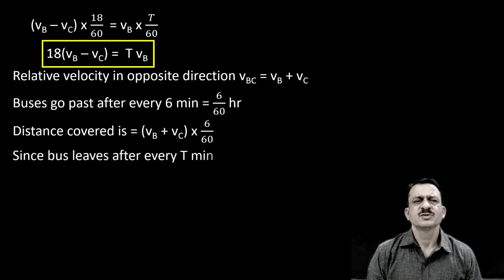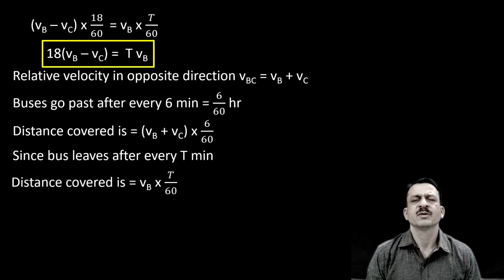Now, since a bus leaves after every t minutes, the distance travelled by the bus with the same velocity VB in time t is given by VB into t by 60. This one is calculated similar to the first case. Now, these two distances travelled by the buses are equal.